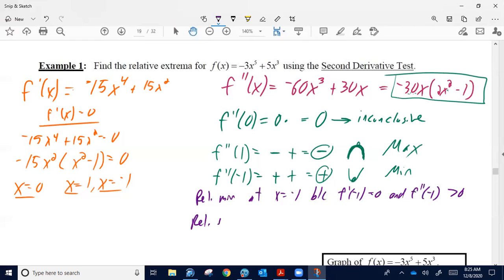We have a relative max at x equals positive 1 because f prime of 1 equals 0. The first derivative is 0. And f double prime of 1 is a negative number, less than 0. And again, if I want the y values with these, I plug it back into the original.